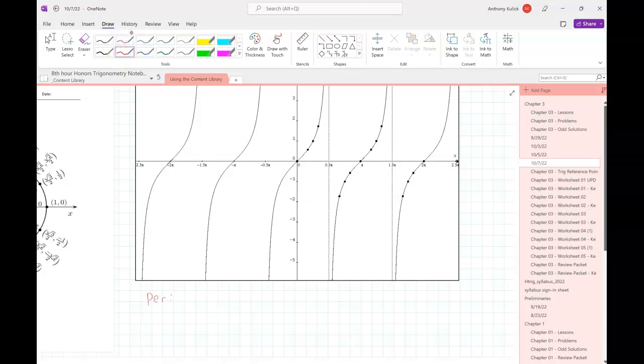So the period we saw was pi. What's that going to mean for the transformation, for the general form? What do you guys think?